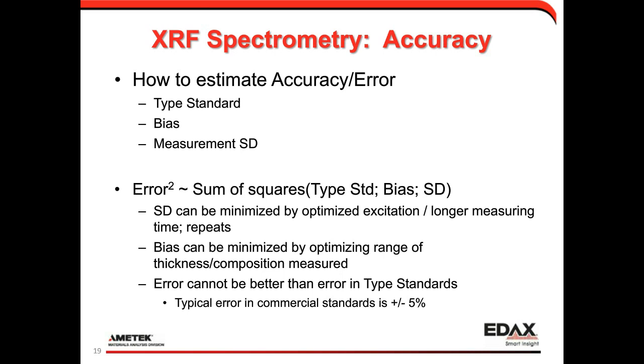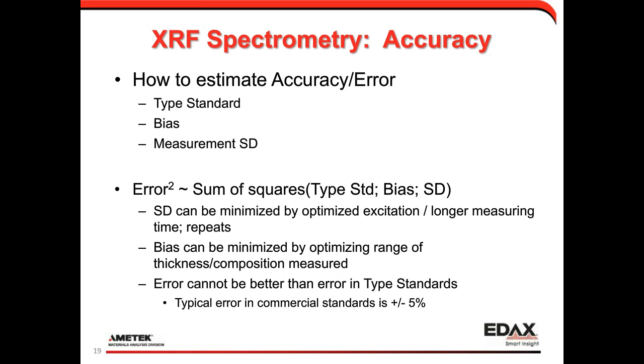Now, the standard deviation and the bias are associated with the modeling methods and the instrumentation. Standard deviation, for example, can be characterized by making repeat measurements and determining the standard deviation in my measurement. I can minimize that standard deviation by improving my excitation efficiency, by measuring for a longer period of time, and by making repeat measurements on the sample at that same position.